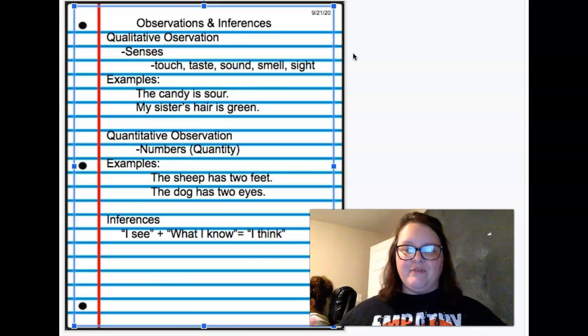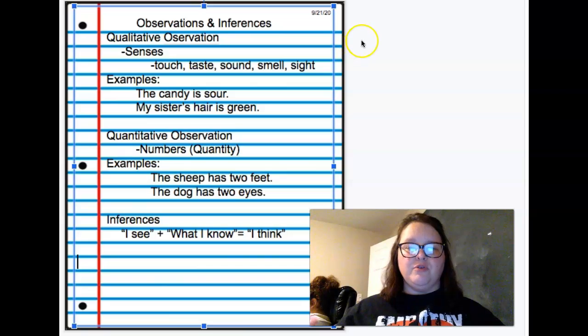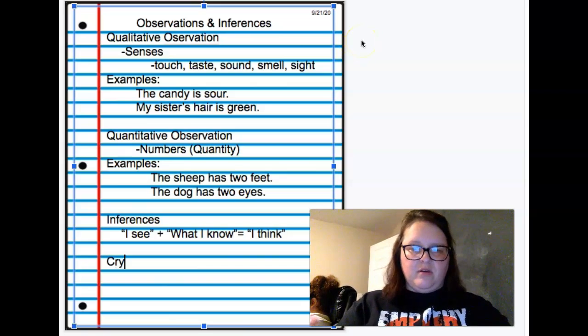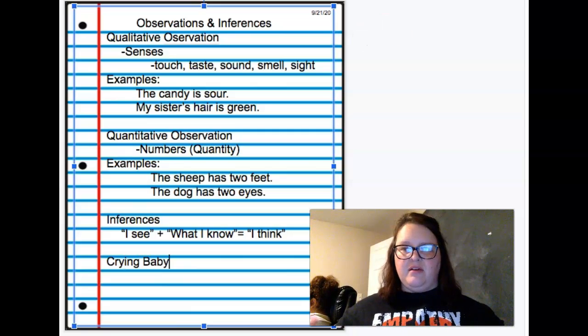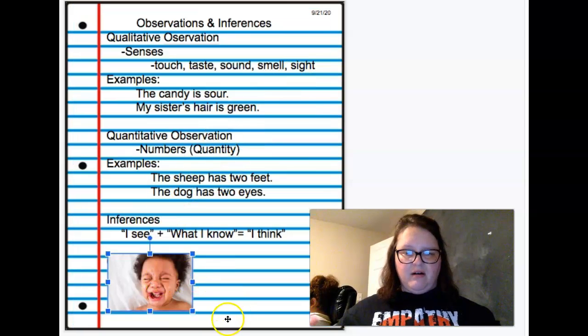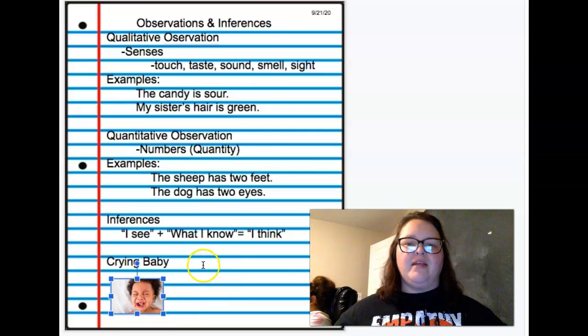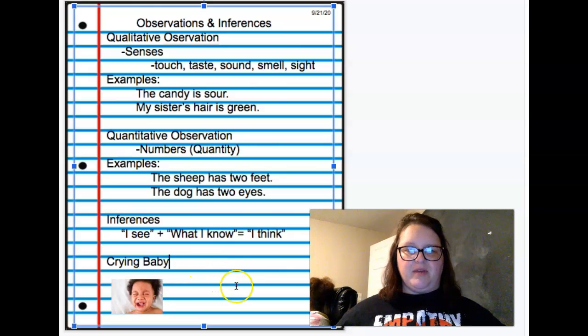So let me give you an example. I'm going to put a picture in here, but what I want you to do is write down these words: crying baby. Oh, look at the little baby. He's upset. So we can make an inference about this baby.